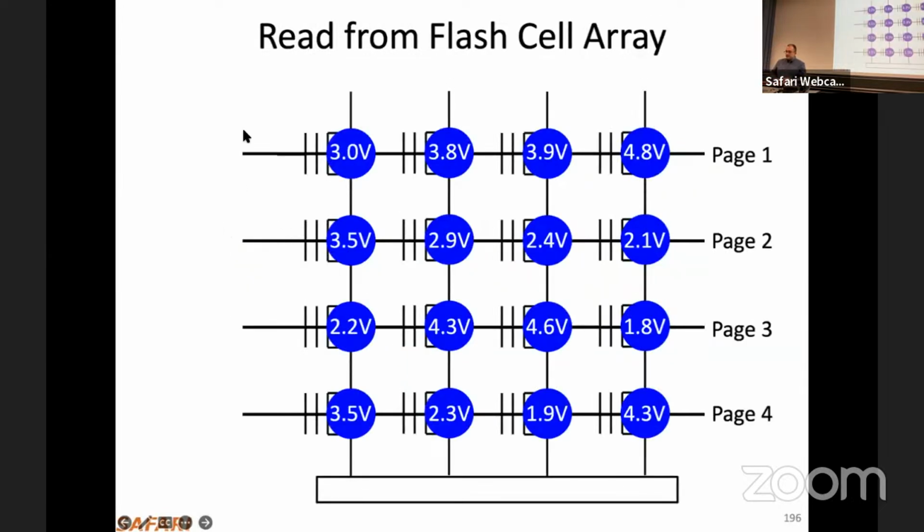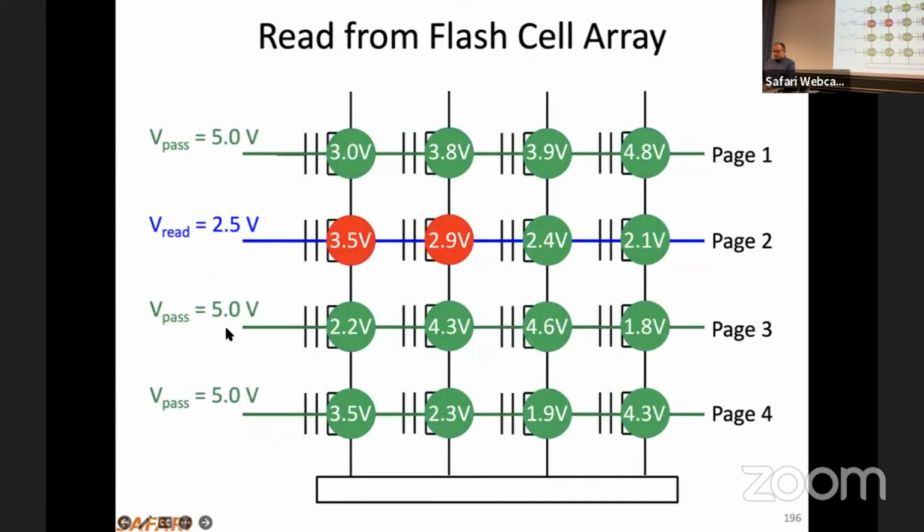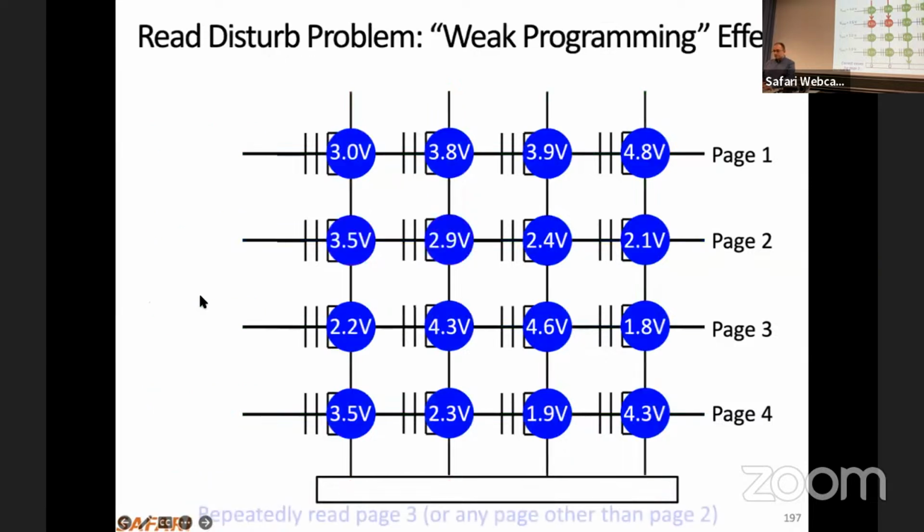So here I want to show the problem with this example. You want to read page 2, you apply a reference voltage to page 2 and VPass to other pages. And you can read well. So you have the result 0011, and that's the correct value for page 2. So far, so good.